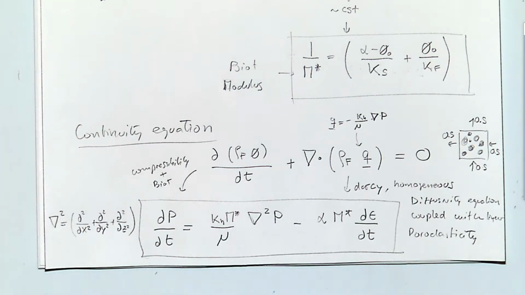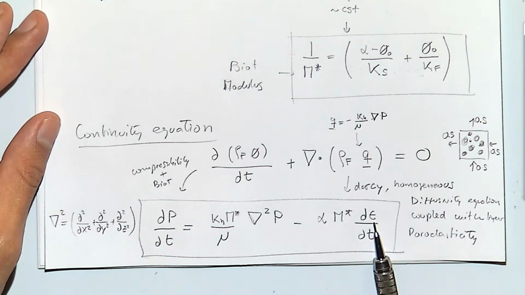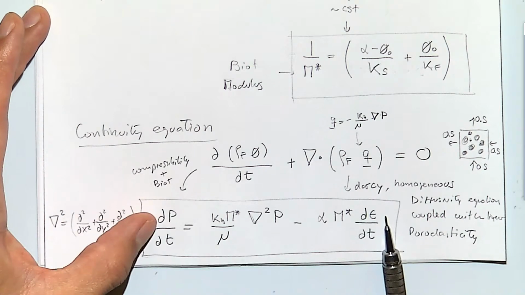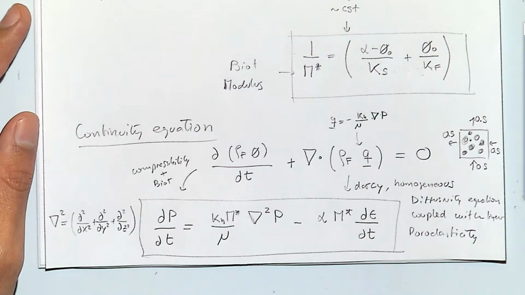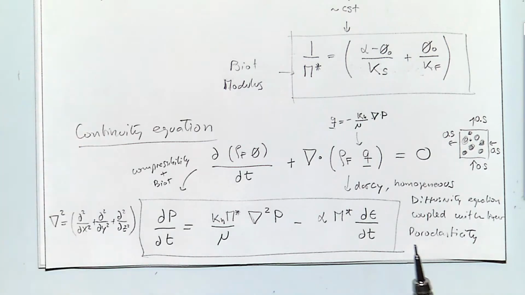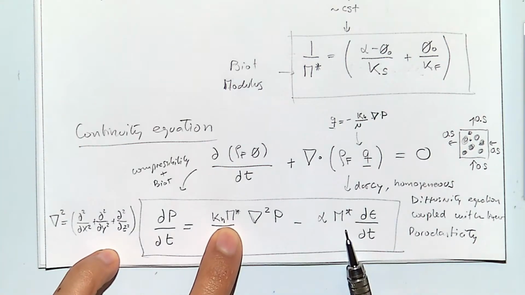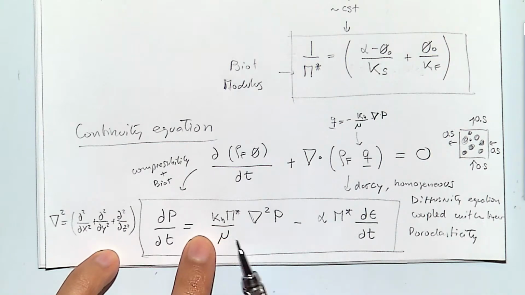It's a diffusivity equation with a poroelastic part, and it accounts for variations of the bulk strain of the porous solid and how that can induce changes of pore pressure. And that's going to depend on the parameter M, but also on the fluid part, on the permeability of the porous solid and the viscosity of the fluid.